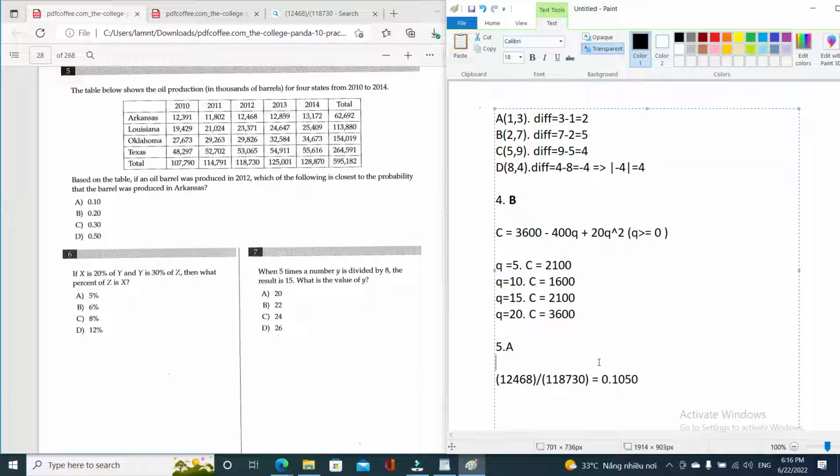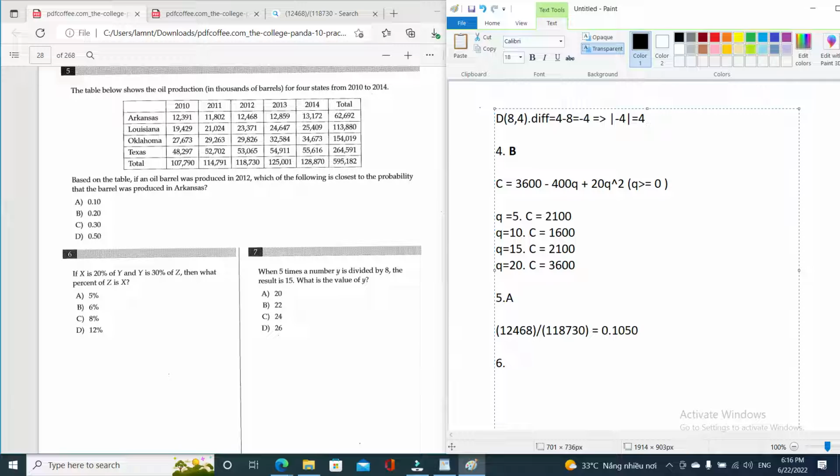So we get the number of Arkansas in 2012 divided by the total of 2012. The number for Arkansas in 2012 is 12,468, divided by the total of 180,730. Okay. Number 6.